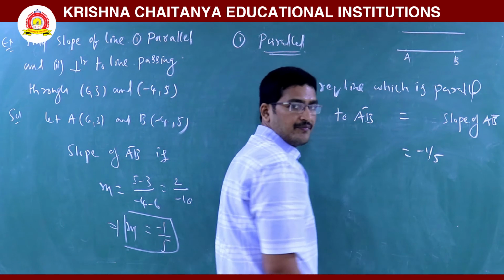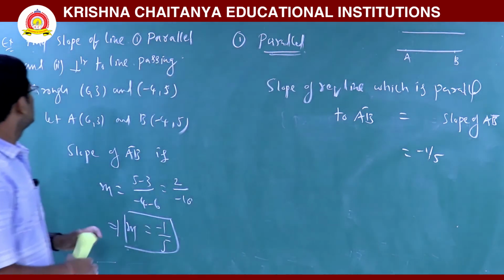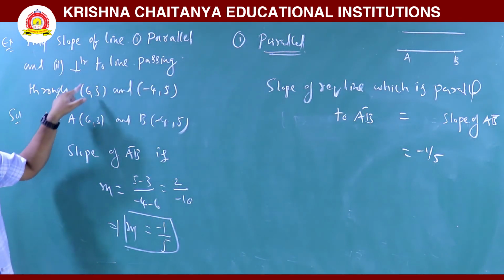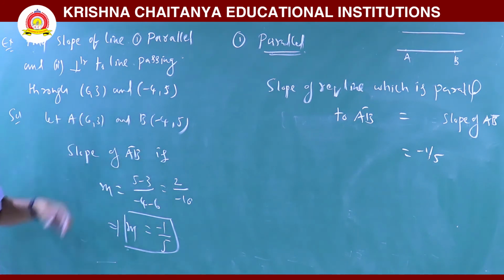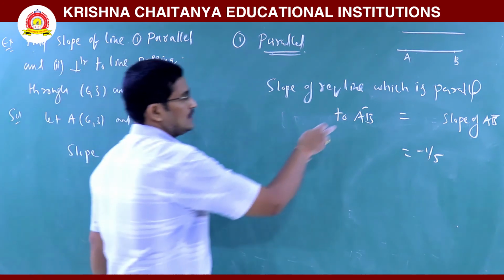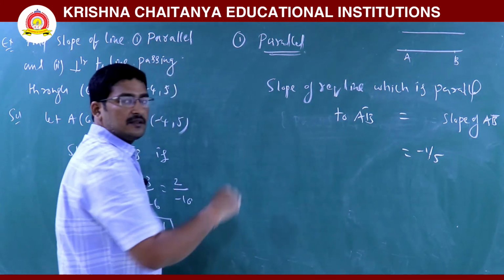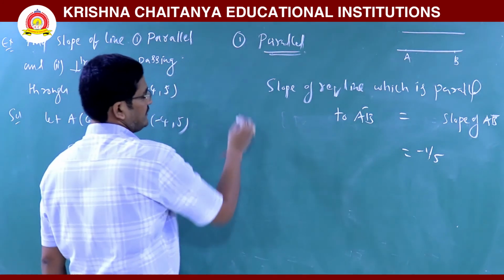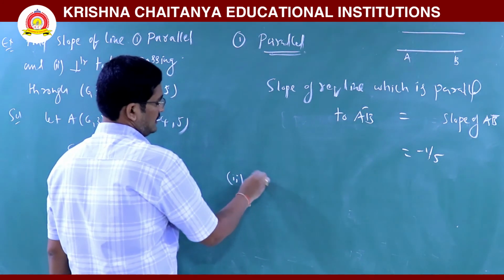This is the answer. Next, what is the second question here? The slope of the line perpendicular to the line passing through these two points, that means the slope of the required line which is perpendicular to AB bar.